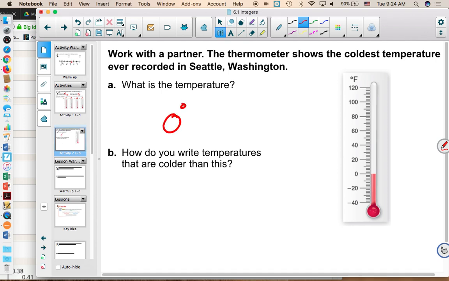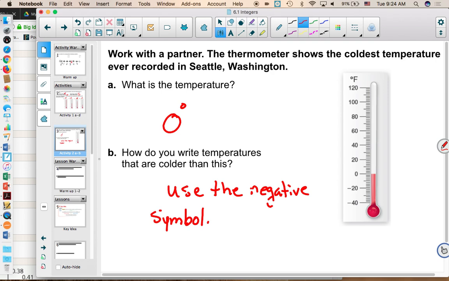How do you write temperatures that are colder than 0 degrees, though? How do we write temperatures that are colder? We put a negative symbol. Use the negative symbol. So if I was looking right here at this one, that is a negative 20 degrees.